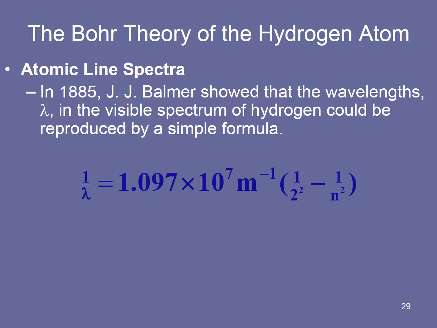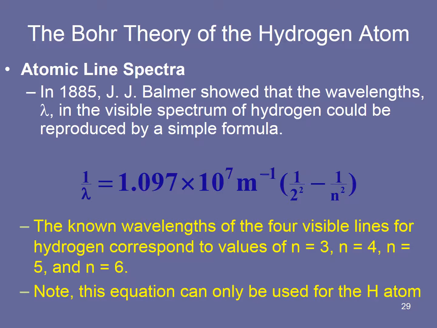1 over lambda equals 1.097 times 10 to the 7th inverse meters, times that quantity 1 over 2 squared minus 1 over n squared. And he plugged in different numbers for n, different integers, 1, 2, 3, 4, 5, etc. It turns out that if you plug in 3 for n and solve that equation for wavelength, you'll get the first line, I think the red line in that hydrogen.